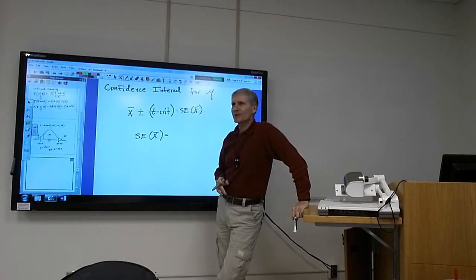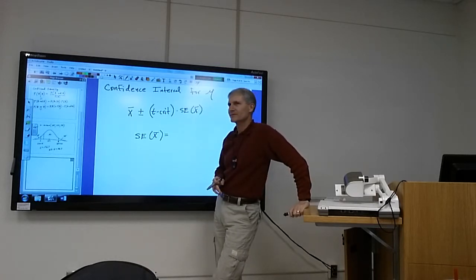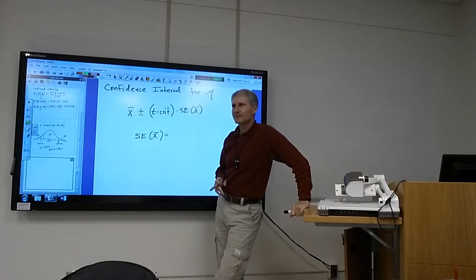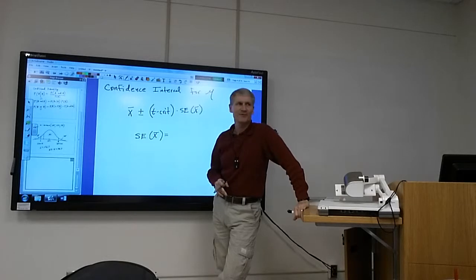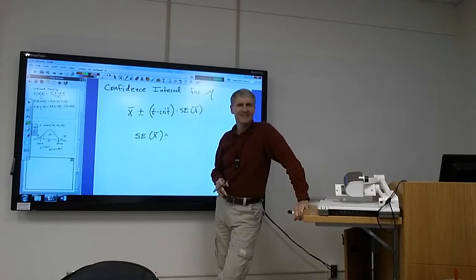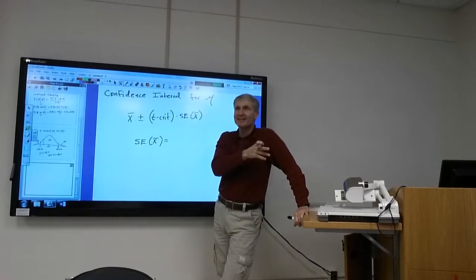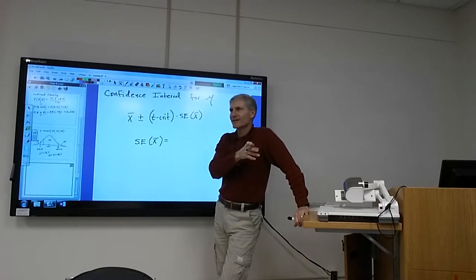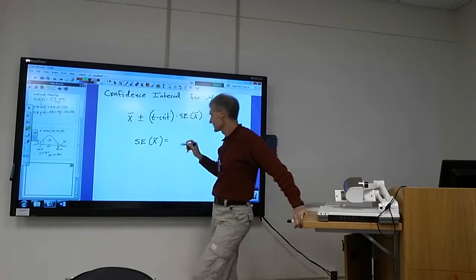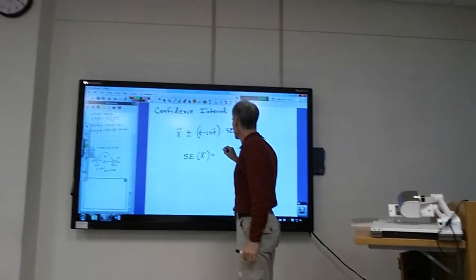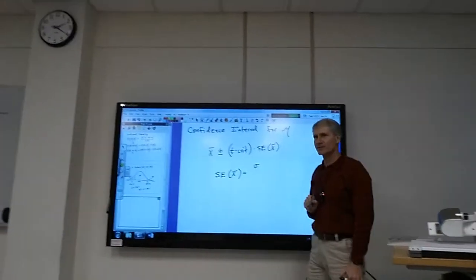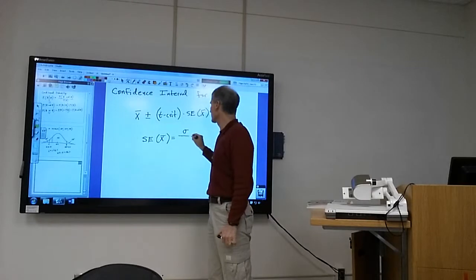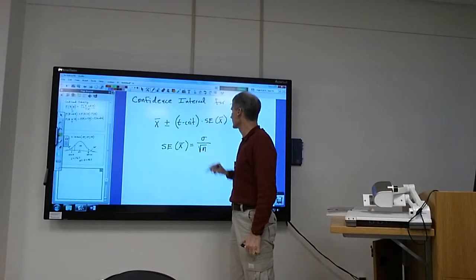What does the central limit theorem say the standard error of a sample mean is? It's not the same as the standard deviation of the population. It has the standard deviation of the population in it, but it's the standard deviation of the population divided by the square root of n.